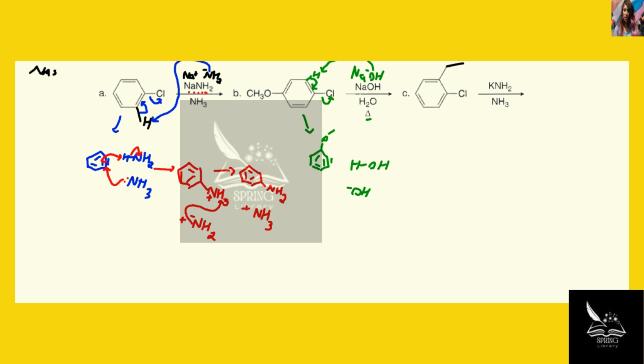Now we have two options here, because this is not a symmetric molecule after this reaction. This negatively charged hydroxide can attack the carbon ortho to this methoxy group, making a bond.